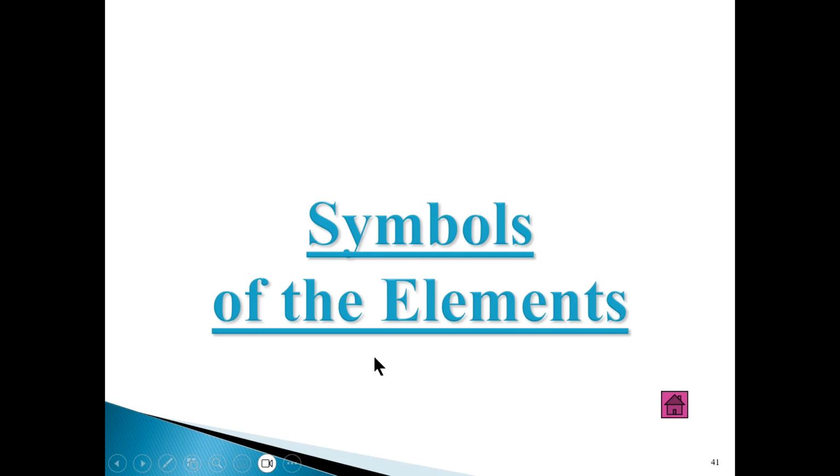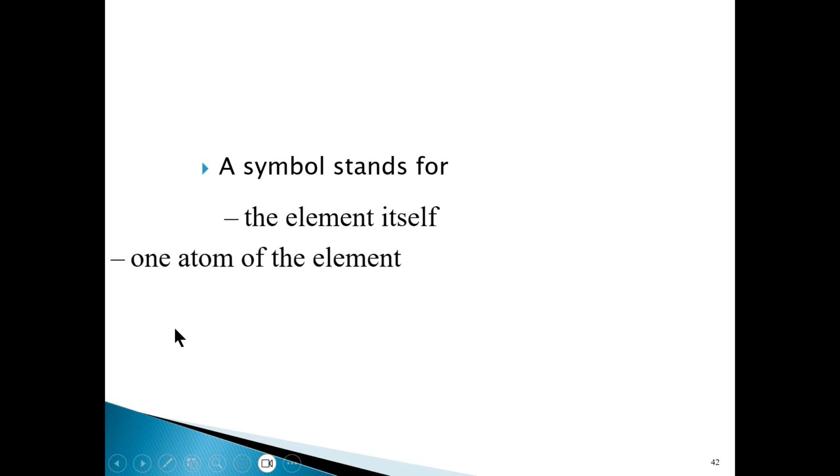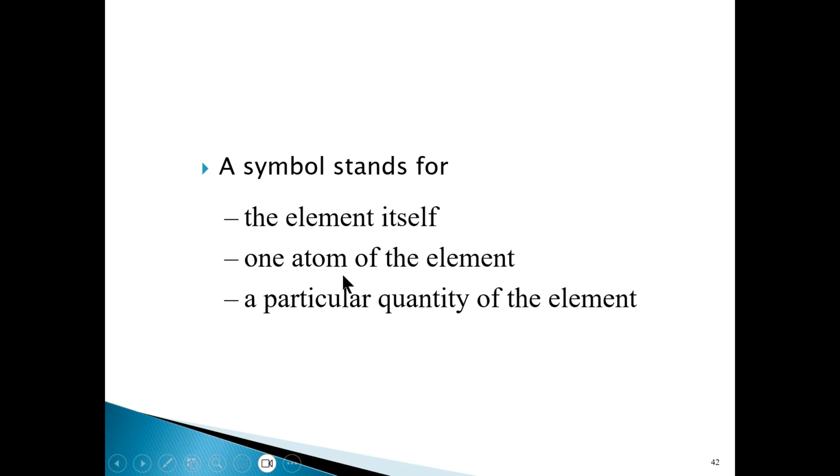Now, in chemistry, we tend to use shorthand symbols for representing elements. All right, and the symbol itself can represent the element itself, but it can also represent one atom of the element if we're writing down the formula of a compound that contains that element.